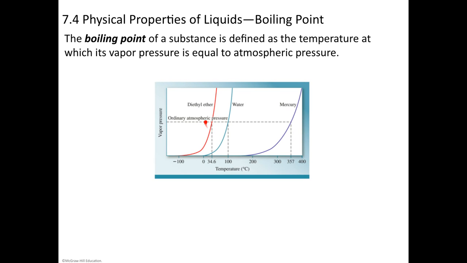You can see ether boils at about 35 degrees Celsius, water at 100, and mercury at 357 degrees Celsius. That has to do, as it turns out, with intermolecular forces, because when we boil something, we're breaking apart the intermolecular forces completely. Generally, that takes more energy than melting.